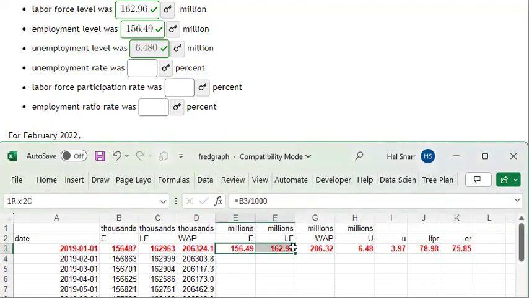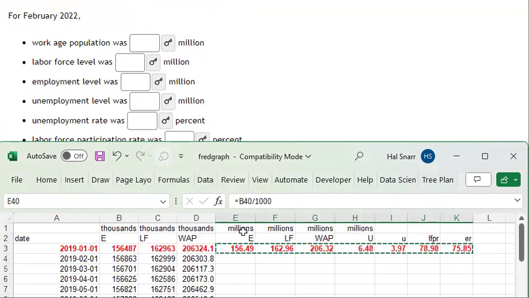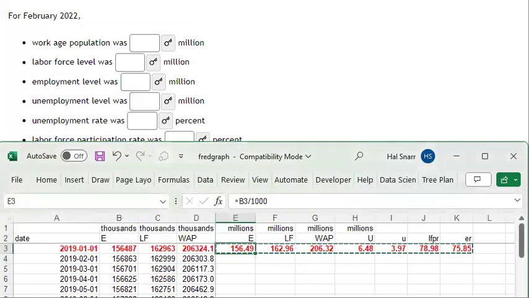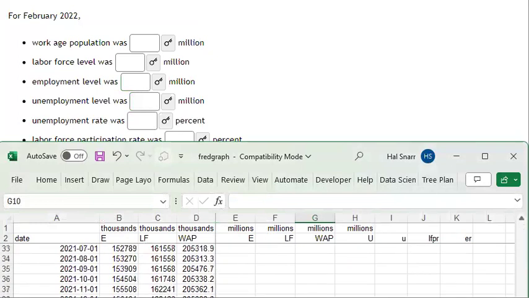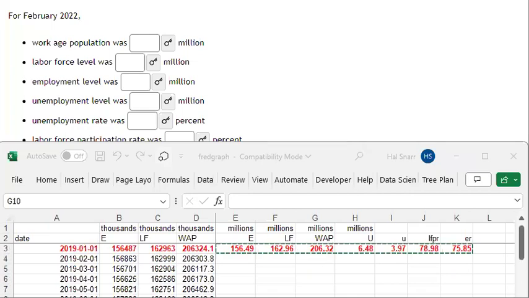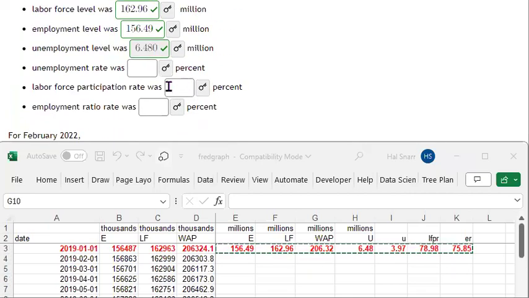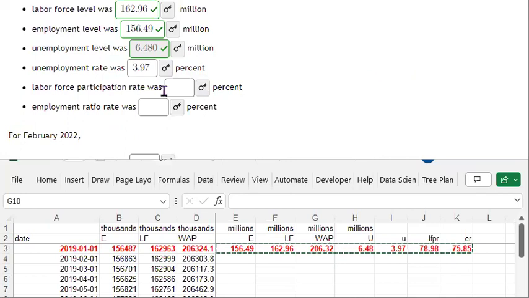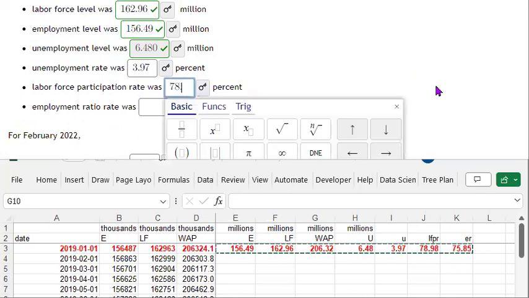Okay, and then I'm going to just copy this down to the February 2022 values. Let me freeze the panes as well. Freeze panes allows me to scroll down to my other time period, right? Now it's just a matter of recording the values. So let's go back up here. The unemployment rate was 3.97%. The labor force participation rate was 78.98.